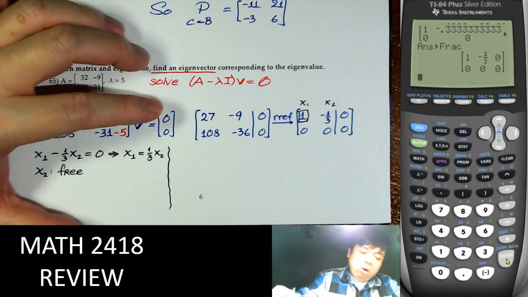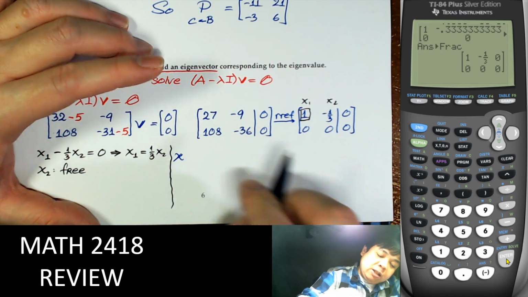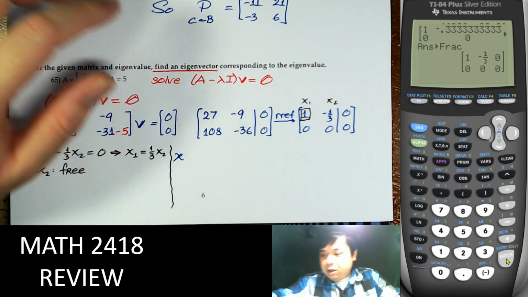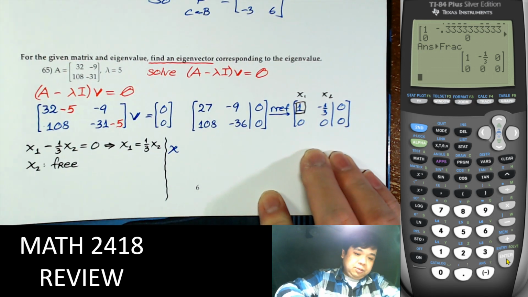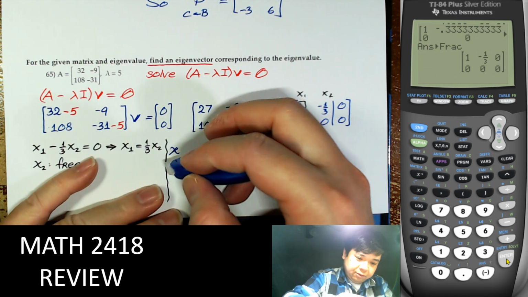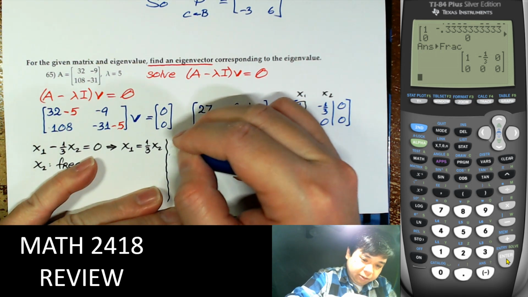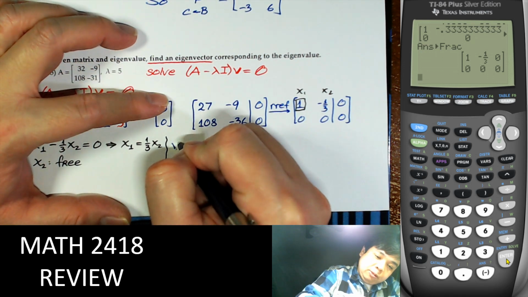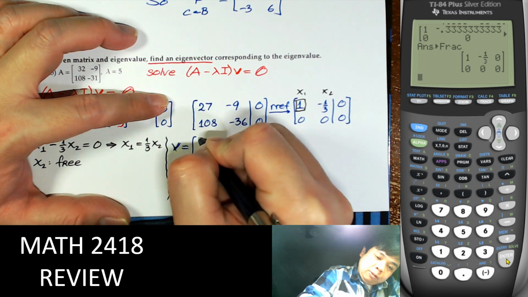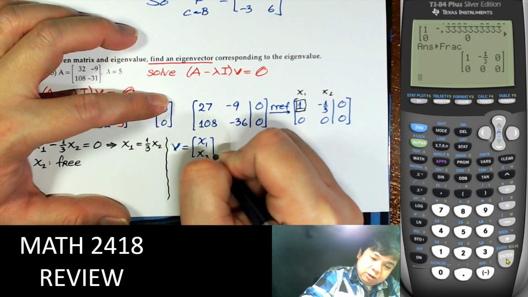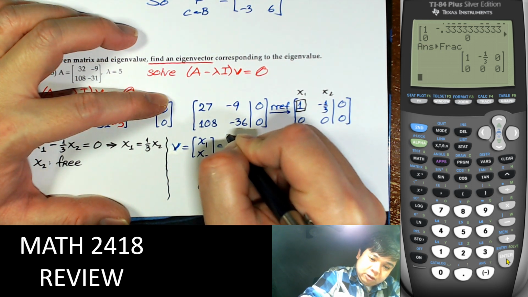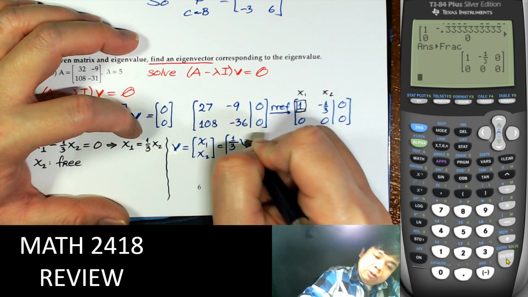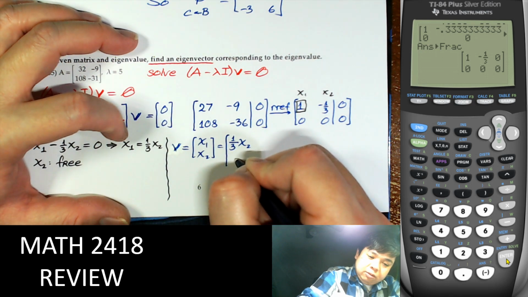Right. With that we write the solution as x, we should use v here, but let's use v. x1, x2, x1 is 1 over 3 x2, x2 is free.